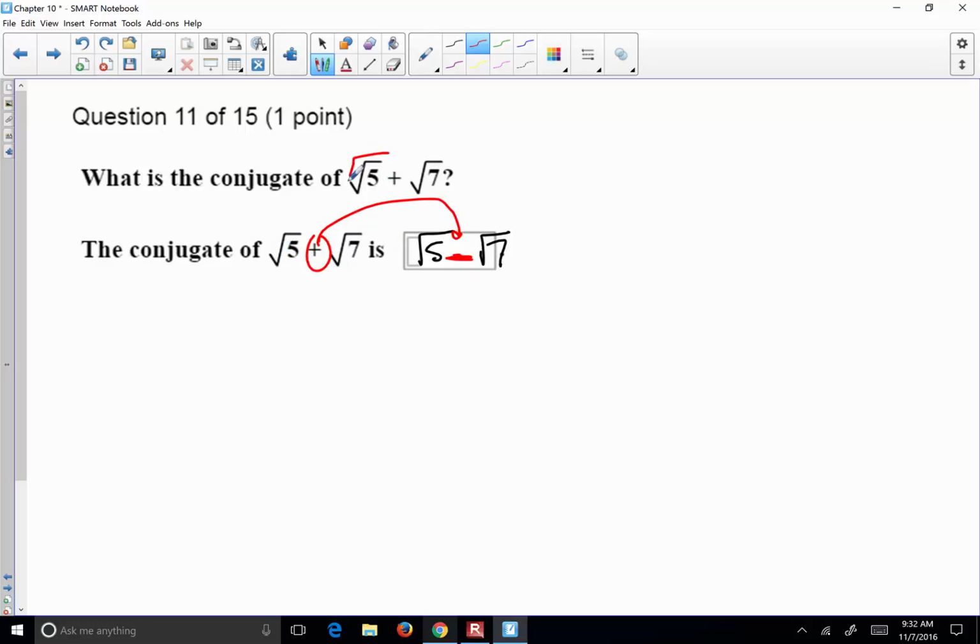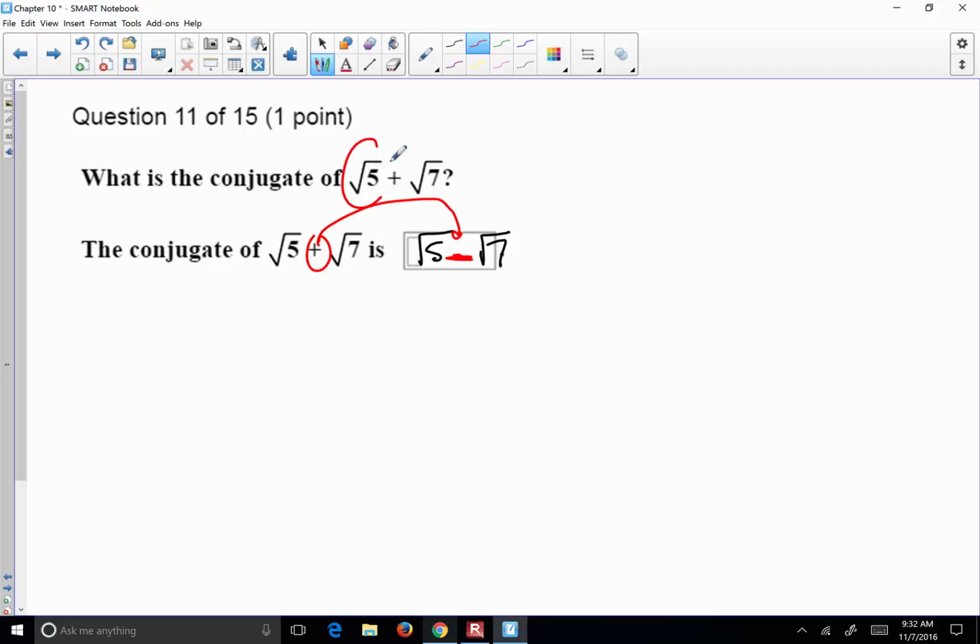Oh, this wasn't a whole number like before. It wasn't 2. Do we care? No. It can be, both can be radical. One of them can be whole. First one can be whole, or the second one can be a whole number. I don't care what type of things I have around the plus.